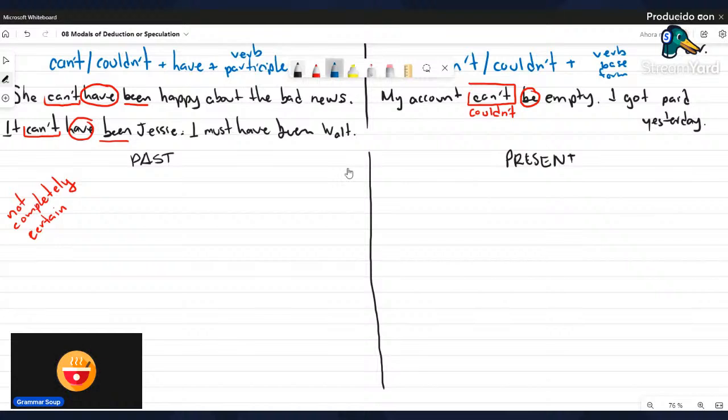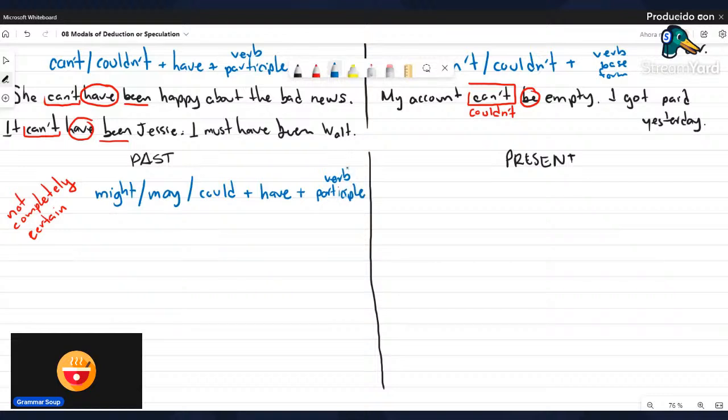Now, what modal verbs can we use for certainty or possibility? You probably remember if you have gone through these types of topics of the modal verbs. We can use might. Yes, we can use may. You can use could, right? And then after that, I need to use the auxiliary have, and then the verb in the participle form.